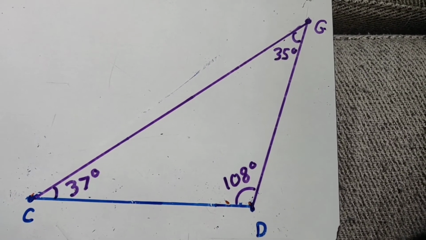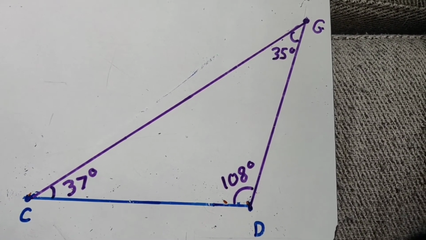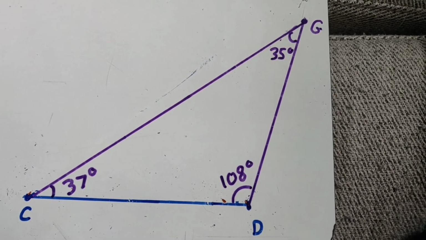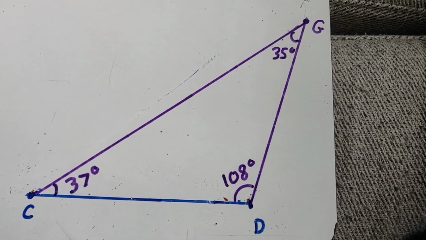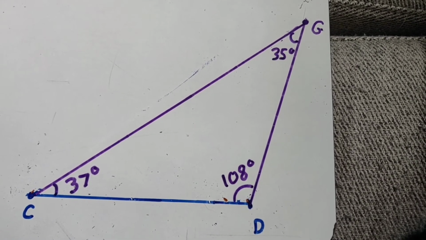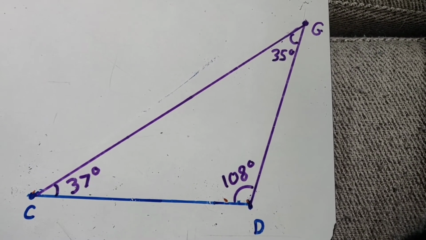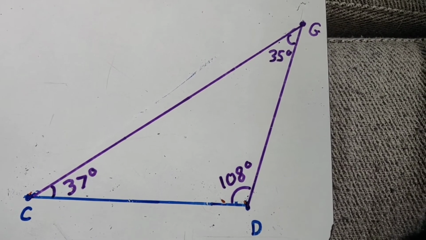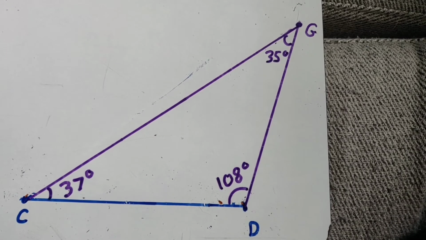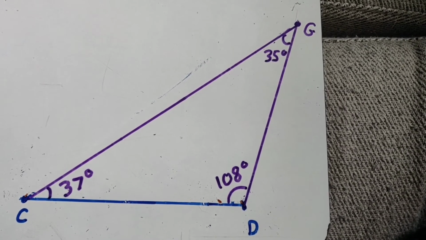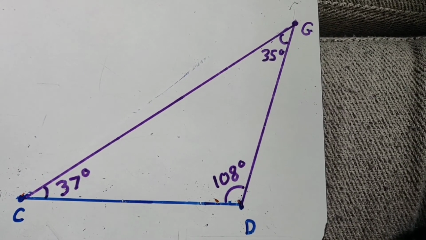Let's make believe that we were given that angle CDG is 108 degrees, and we were given that angle DCG was 37 degrees. But let's make believe we were not given the measurement for angle CGD. So I'm going to get rid of that 35 degrees.